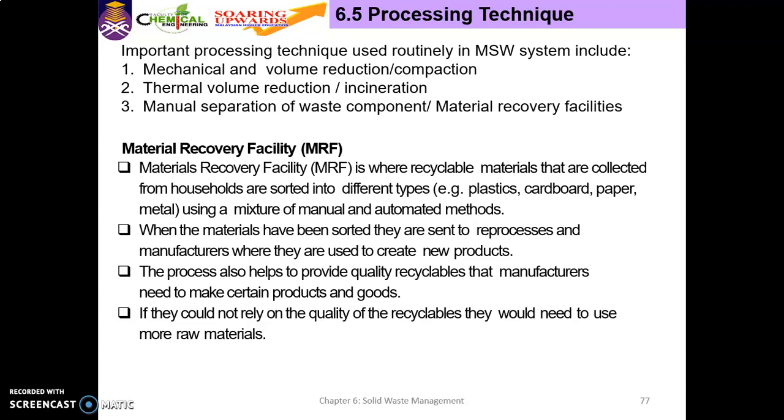Some of the recyclable material, when we have collected a lot, will produce certain products with high quality. And if they could not rely on the quality of the recyclables, they would need to use more raw materials. So it depends.